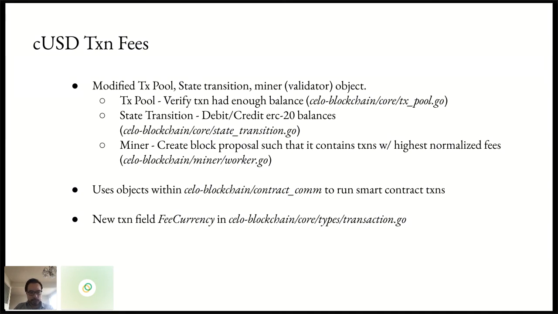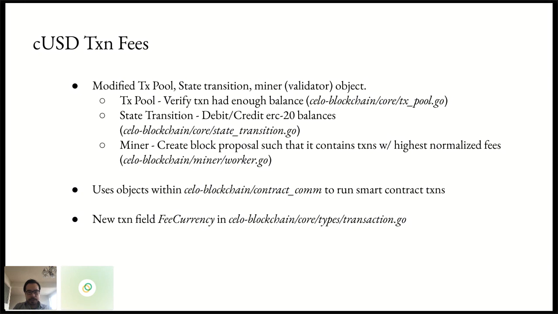If that transaction is using Celo dollar to pay for the transaction, then it has to make sure that the sender of the transaction does have enough Celo dollar. Once that verification is done, the node will then add this transaction to the transaction pool.